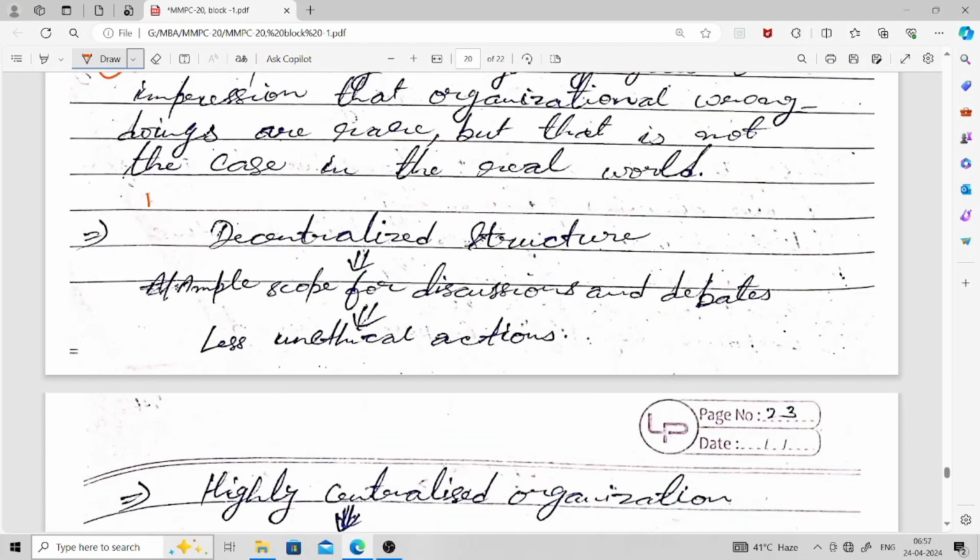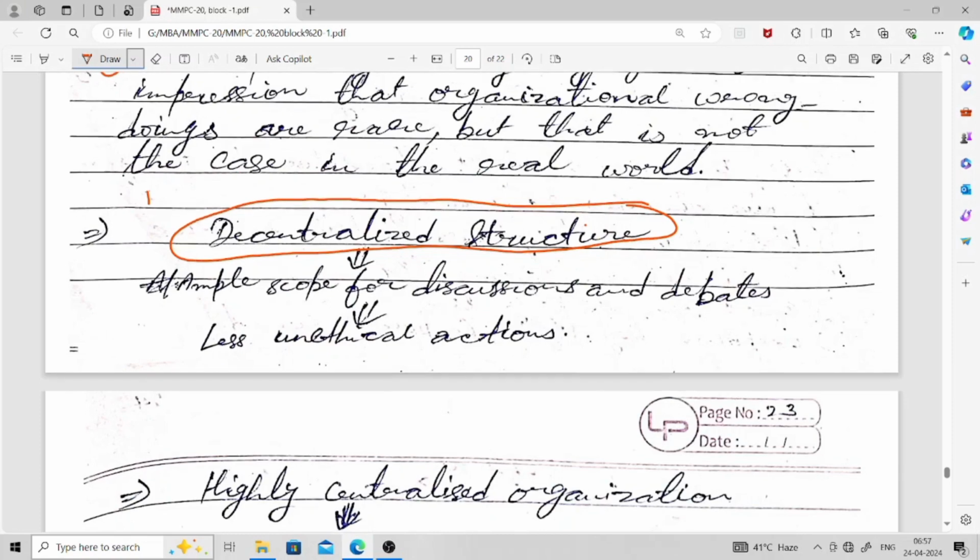A decentralized structure gives ample scope for discussions and debates, and these can cause fewer unethical actions, because whenever there is the possibility of an unethical decision, discussions and debates can be organized, and then there is more probability that ethical decisions will be taken.